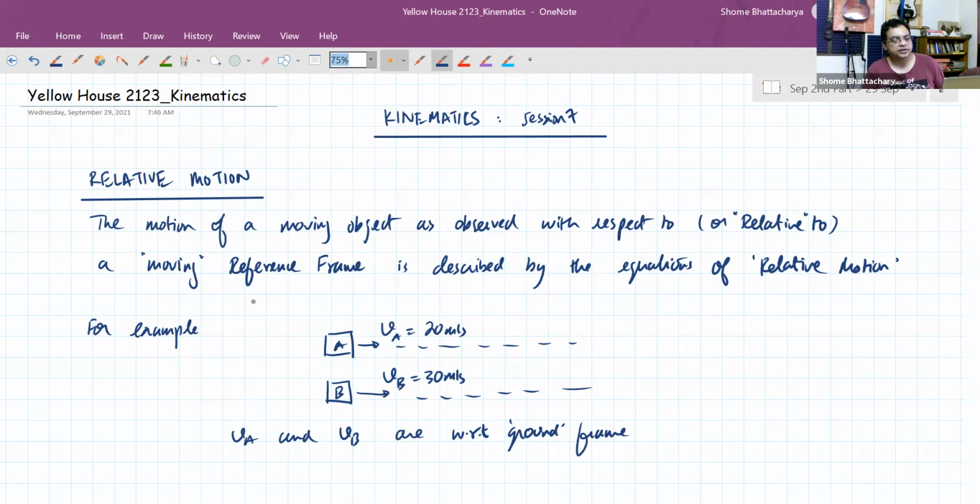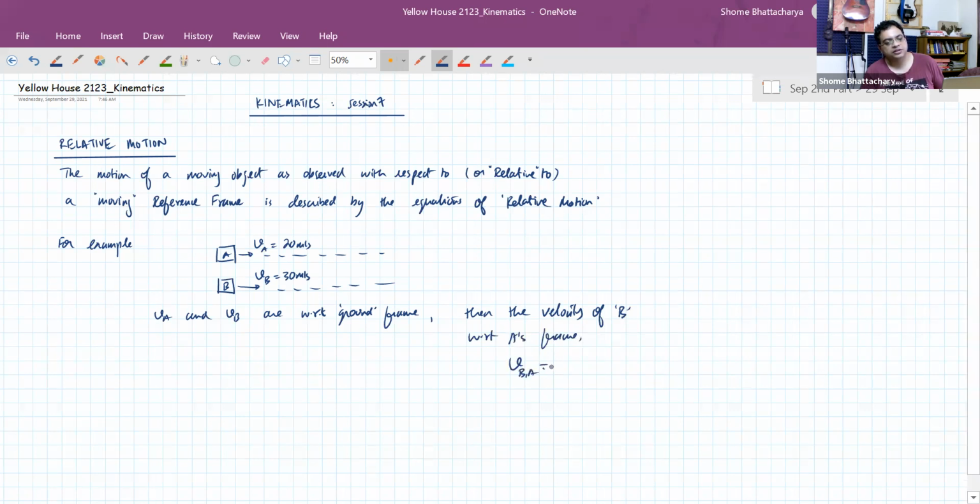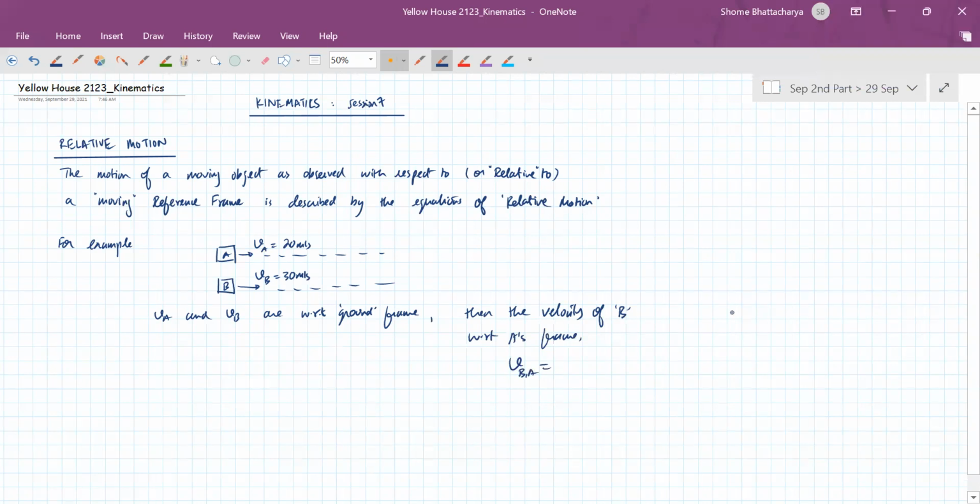Then in A's frame, the velocity of B with respect to A's frame will appear to be how much? Can you tell me? Anyone? The 10 meters per second. That's correct.